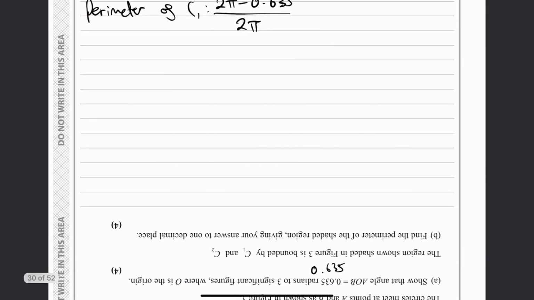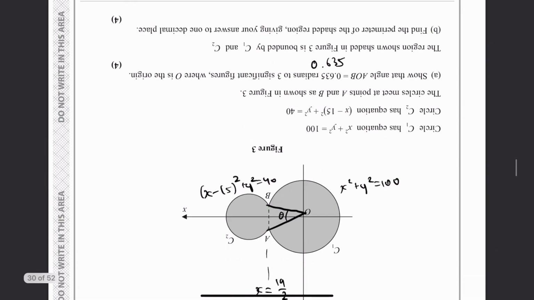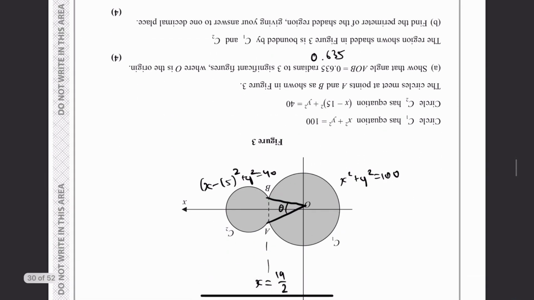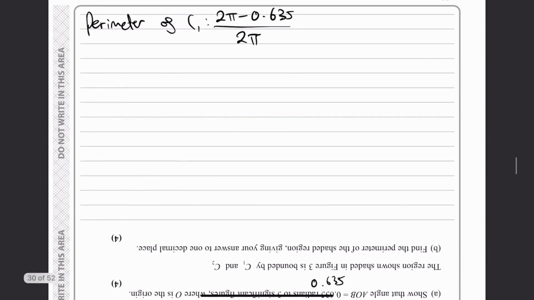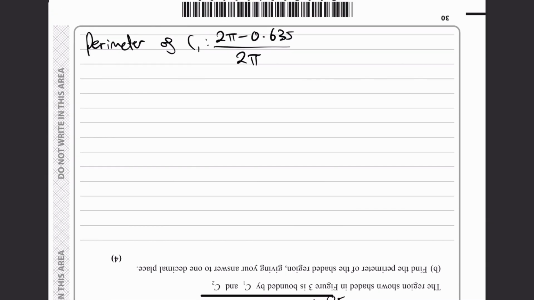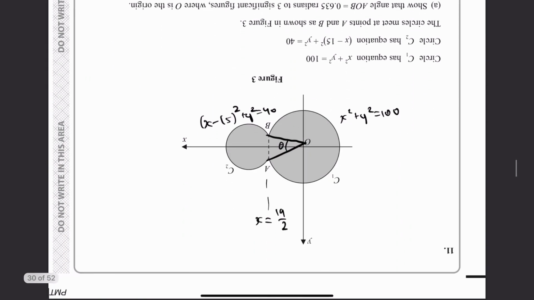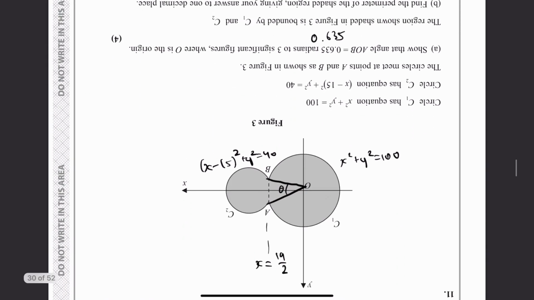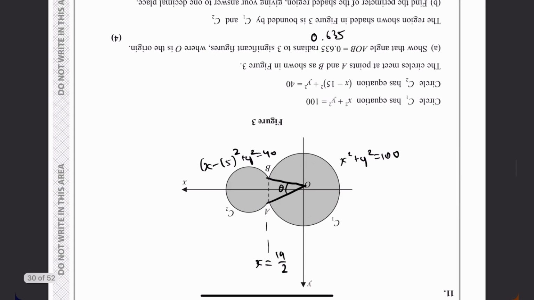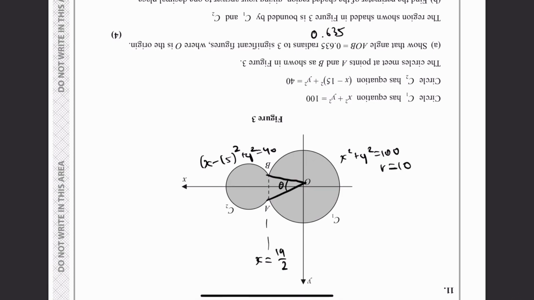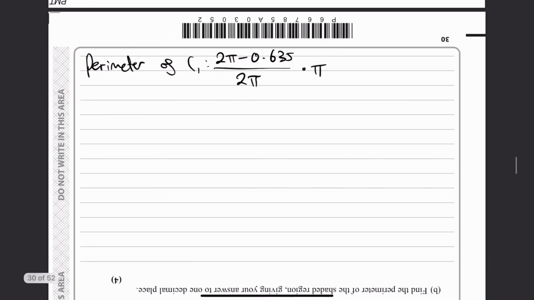Then we just got to times it by pi times the diameter. We know the radius of this is 10, so diameter is going to be 20. So times 20 times pi.